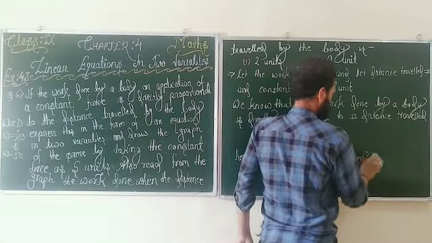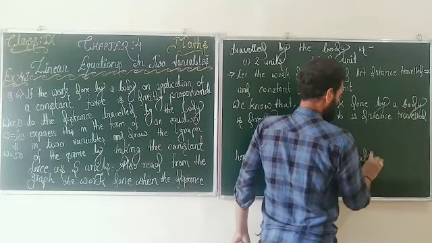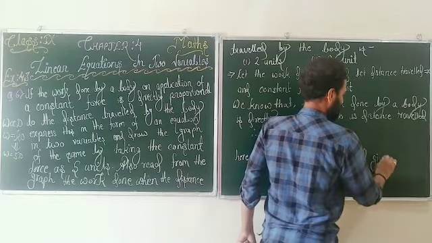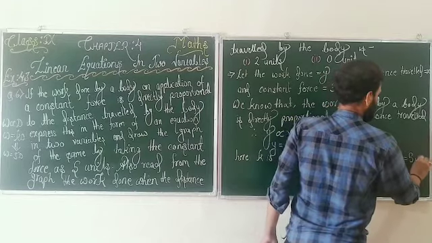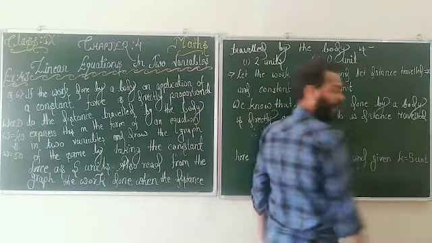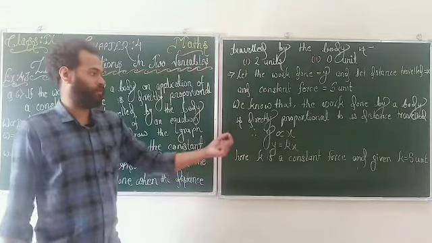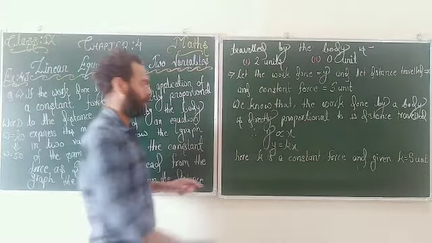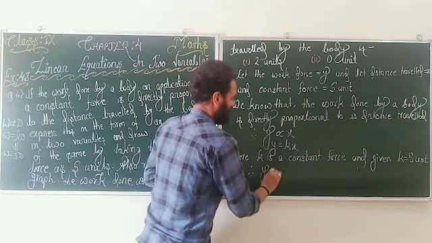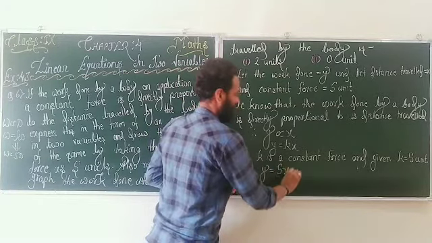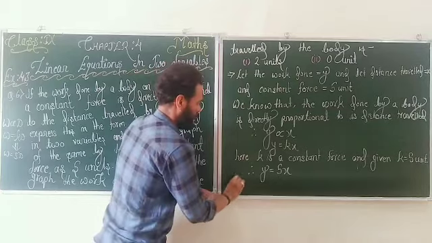Given k equal to 5. If we take the constant force as k, the value of k is 5 unit. Therefore, the required equation is y is equal to 5x. This is the required equation.